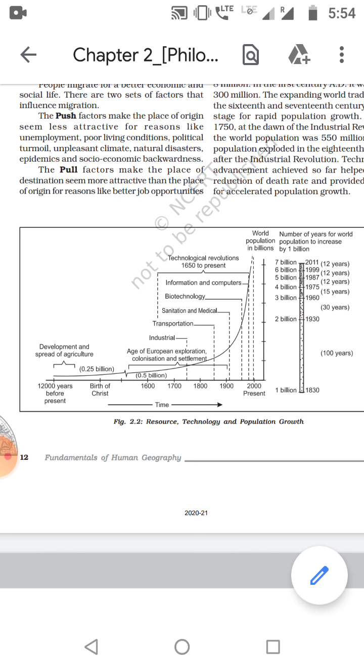Then it took 100 years to double, that is, in 1930 the world population was 2 billion. From then on, the population has been increasing at a very good pace, and it took almost 12 years to increase by 1 billion.